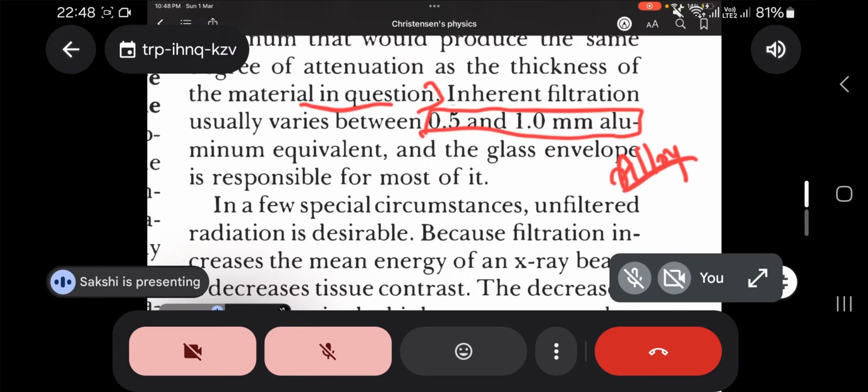One question Amal has sent me: glass envelope or metal ceramic. I searched and got to know that both can be the correct answer, glass envelope also and metal ceramic also. Ma'am, there is some error in that MCQ book also. Both options are right. It's borosilicate plus.